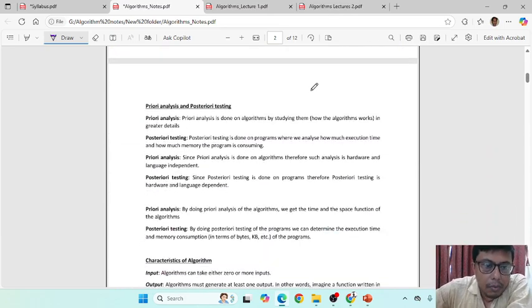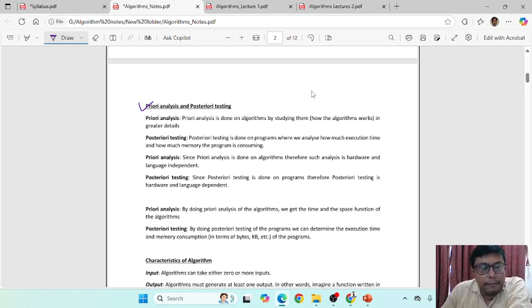Now we shall start with another topic, that is a priori analysis and a posteriori testing. So what is a priori analysis?